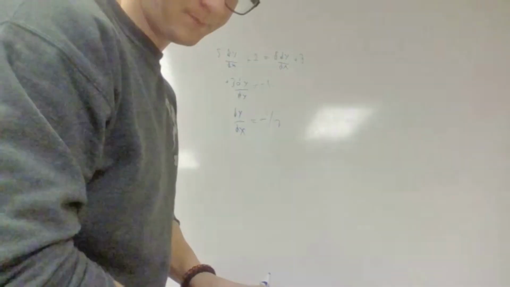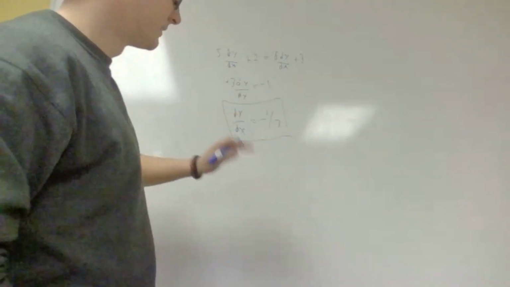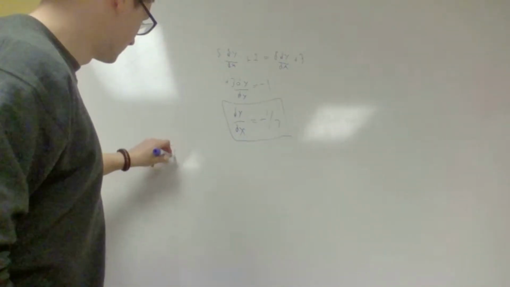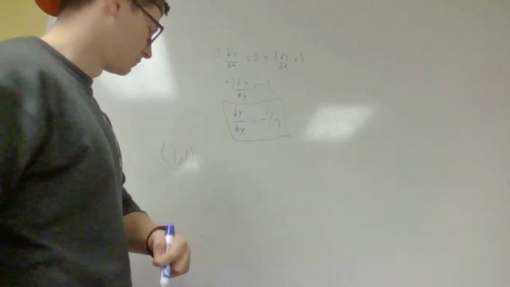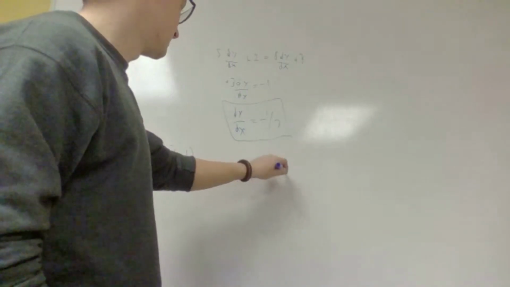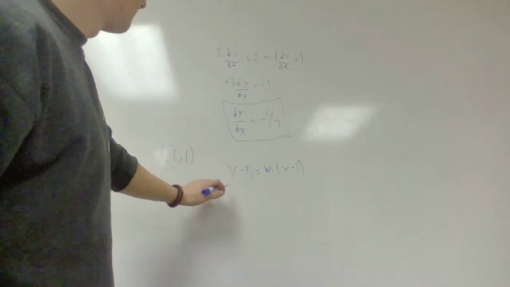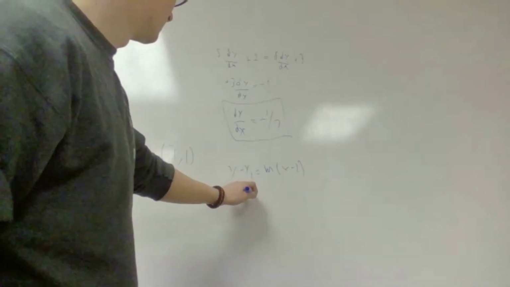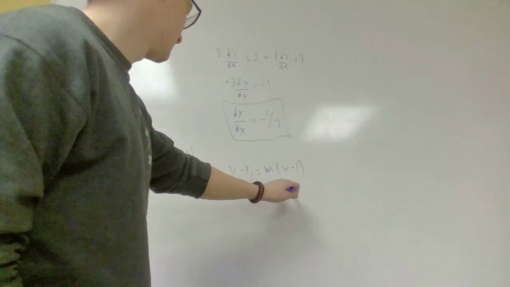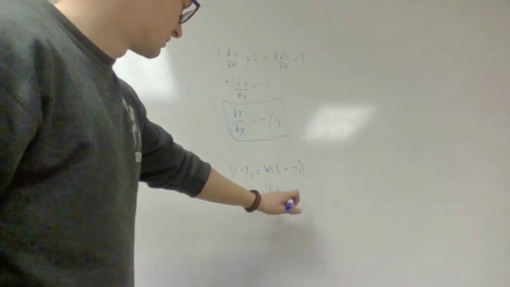So then, you're not done yet. We now have our slope of the tangent line. But in order to use this for a point, we have to put it into the point slope formula, which is y minus y1 equals m times x minus x1. 7th grade, right there, boom. So you get y minus 1 equals negative 1/3 times x minus 1.